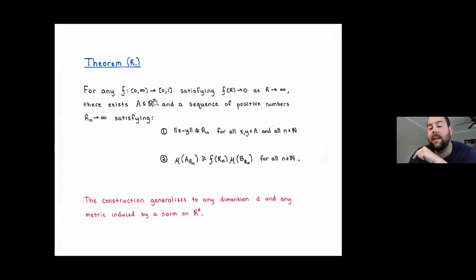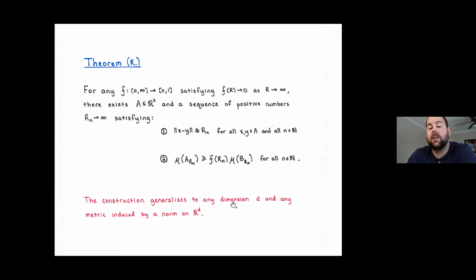For any density function decaying to 0, no matter how slowly, you can actually find a set that misses an unbounded collection of distances, and at least along that sequence tending to infinity, the density of your set is greater than f. So you could think of f as like 1 over log r.